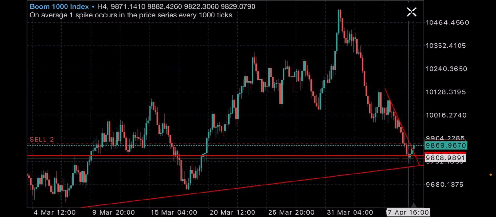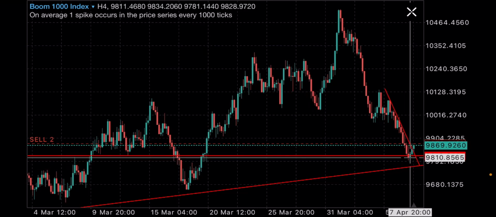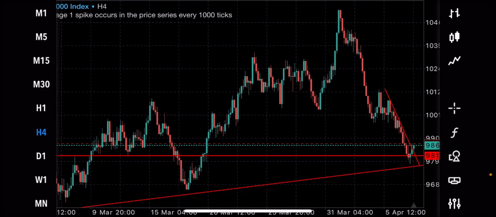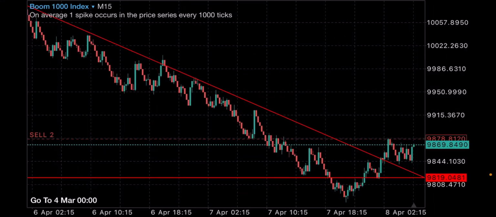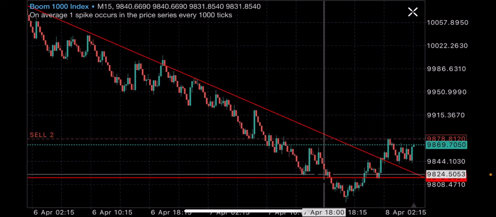Now, if I was to get into this trade again, I will get into it once this candlestick. And now I talked about the lower time frame. This is what we talk about being the entry on the lower time frame. Now, this is where market is. Market got to this level.